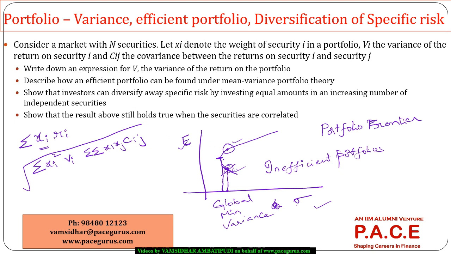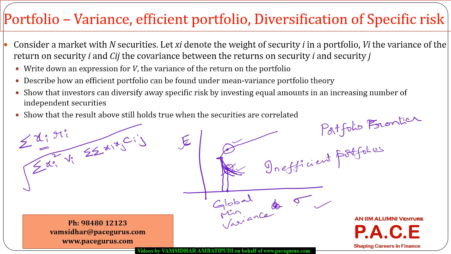The portion of the frontier below the global minimum variance portfolio results in inefficient portfolios: they carry a higher risk, measured in standard deviation, but give lesser expected returns. Obviously those portfolios will not be chosen by any investor, so they are all inefficient portfolios.